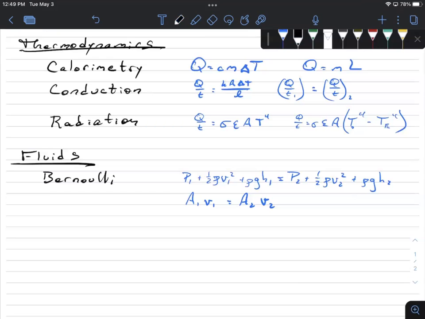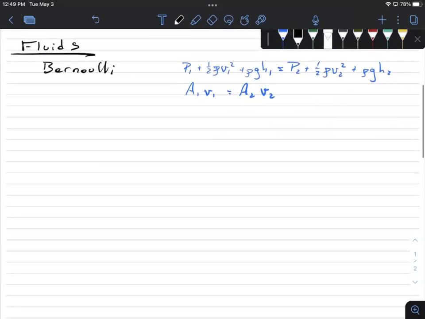Then the next topic of fluids, past Bernoulli, was the pressure-depth relationship. And this had to do with the fact that when you go into a fluid, the further down you go, the more pressure you're going to feel because there's more of that fluid pushing on you, trying to squeeze you.